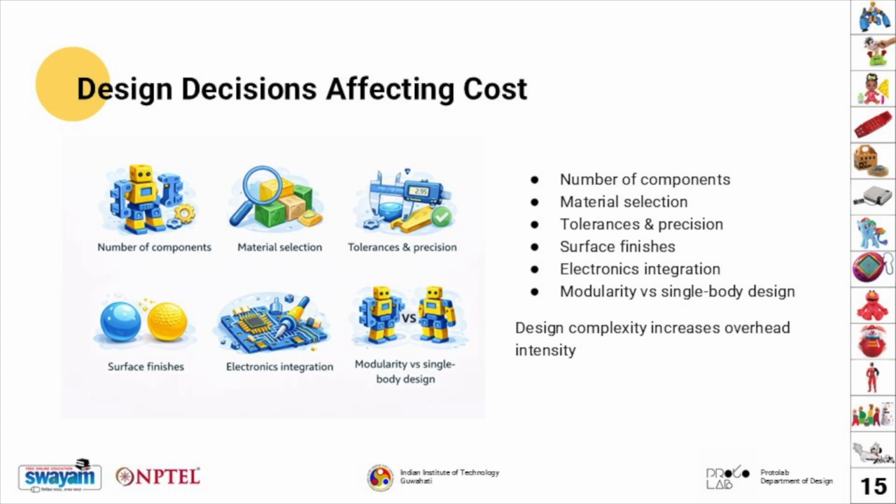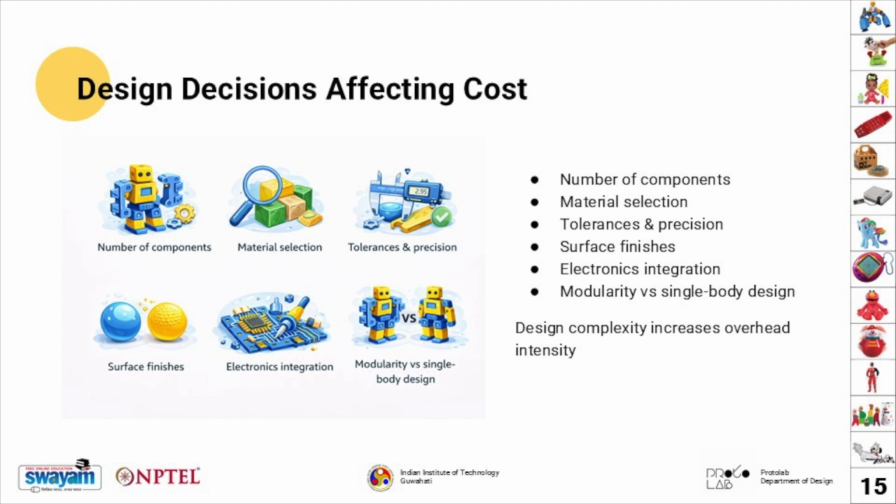Electronics too have an added cost. The moment you add a PCB, you introduce soldering stations, quality testing rigs, failure rate risk, compliance testing, and packaging production. Even modularity affects cost.